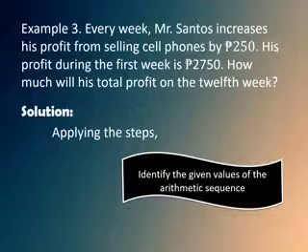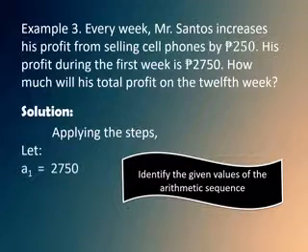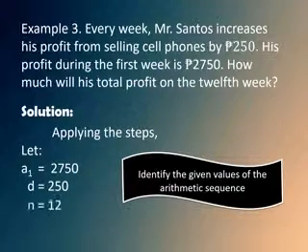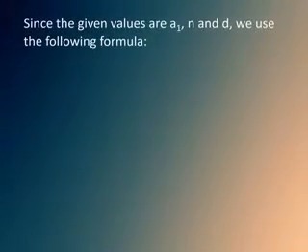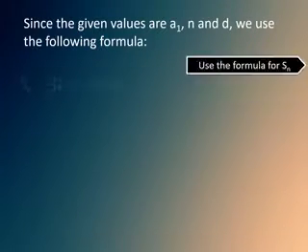First step, identify the given values of the arithmetic sequence. We let a sub 1 is equal to 2,750, which is the profit of Mr. Santos during the first week. D is equal to 250, and n is 12. Since the given values are a sub 1, n, and d, we use the following formula.